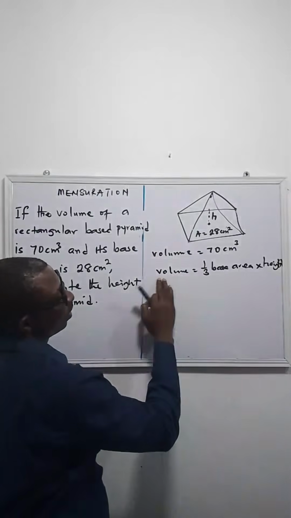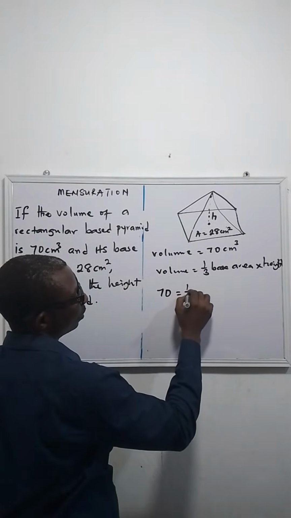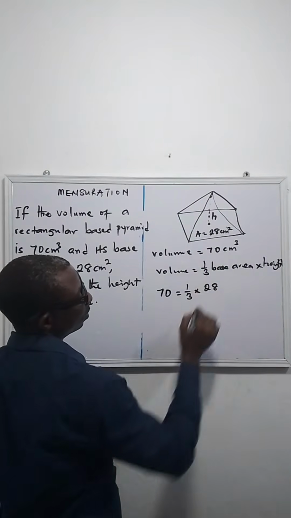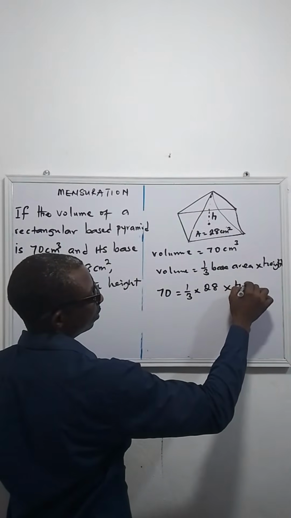So now here you have the volume to be 70, equals 1/3 of the base area 28, times the height.